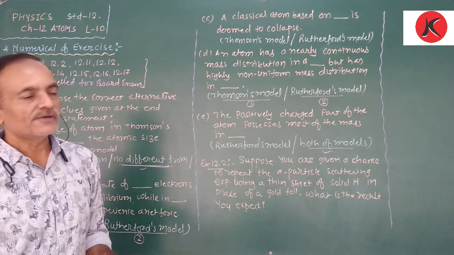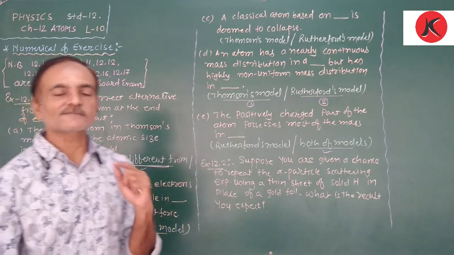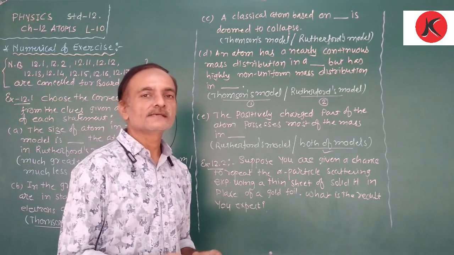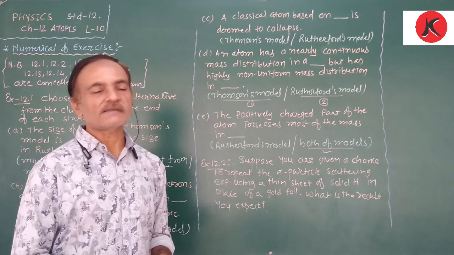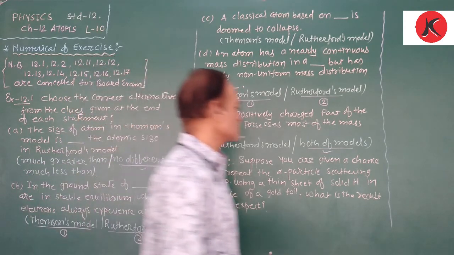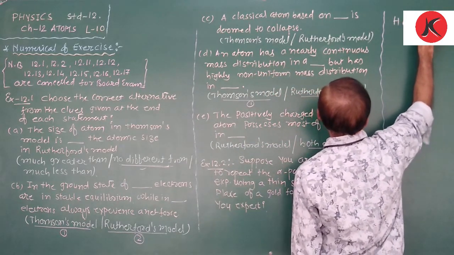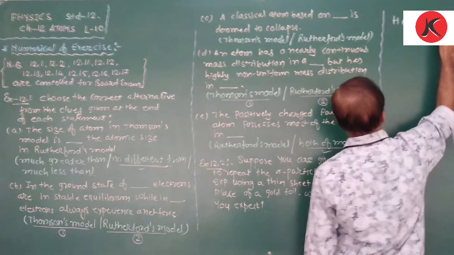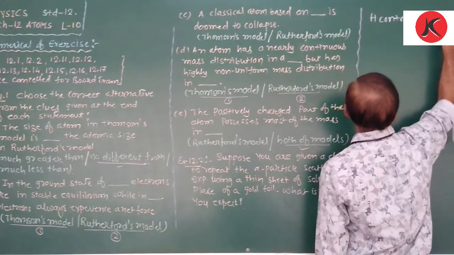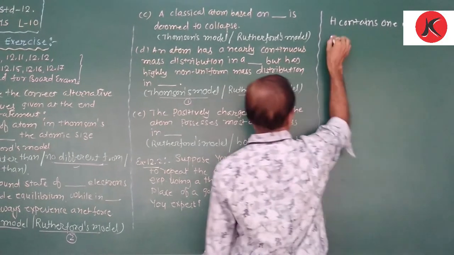Now listen, hydrogen contains 1 proton and 1 electron. Therefore the mass of the hydrogen is the mass of the proton, that means 1.67 times 10 to the power minus 27 kg. Hydrogen contains one electron and 1 proton.